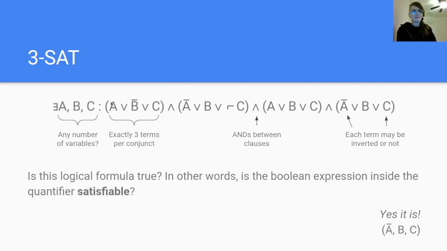So if we plug these in, A is not true, so this is not going to hold. B is true, so this is not going to hold, but we need it to be not true here. But C is true in our solution. So this whole conjunct, these ors, this is true because C is true.